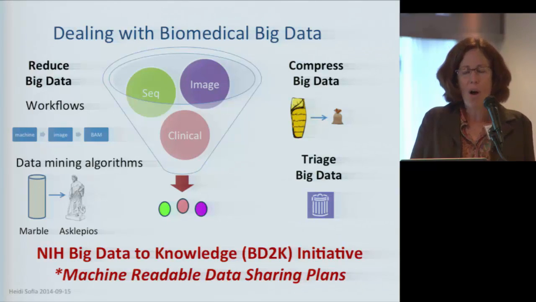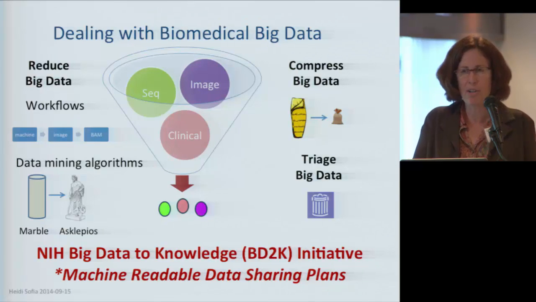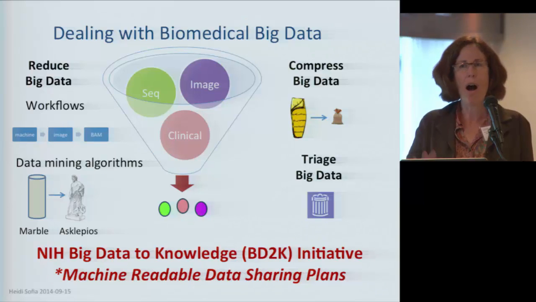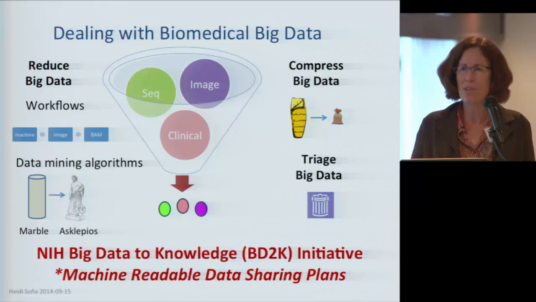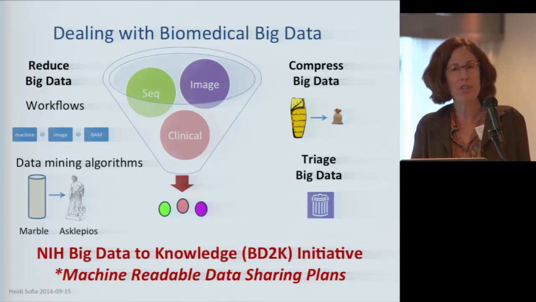There are a lot of different components to it, and we're not going to touch on all of them by any means. With all the things that you need to do with large-scale data, including building some sort of commons where you can work with this data and break down the stovepiping and silos of all different kinds, one particular facet I'd like to highlight is an idea attracting some interest: that data sharing plans in proposals submitted to NIH should be machine readable.